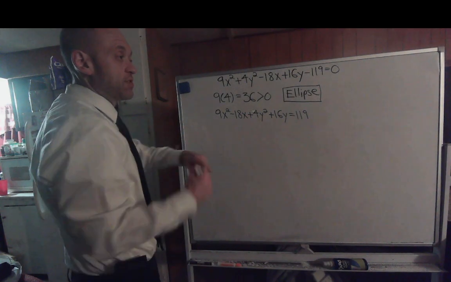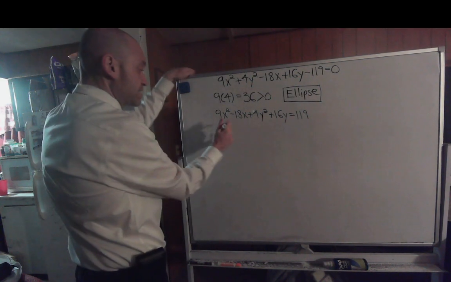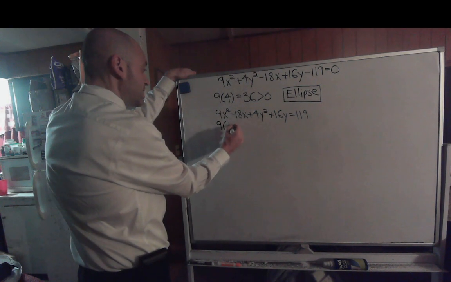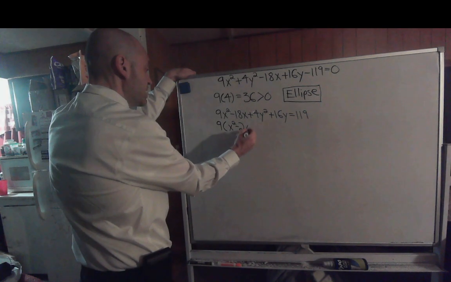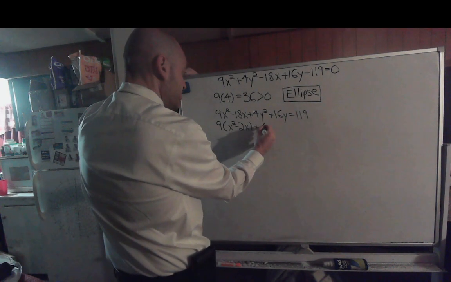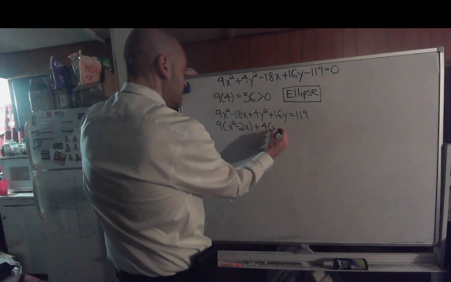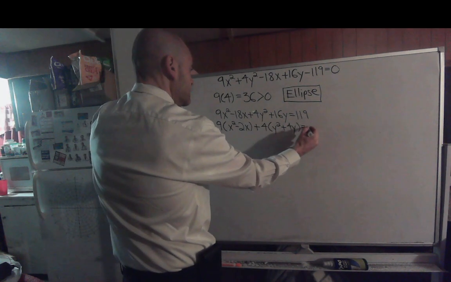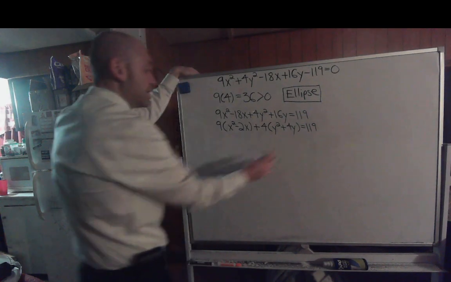Ultimately, they need to have a coefficient of 1, so with the x terms, I can factor out a common 9, giving me 9 times x squared minus 2x, plus, with the y's, I can factor out a common 4, so 4 times y squared plus 4y is equal to 119.